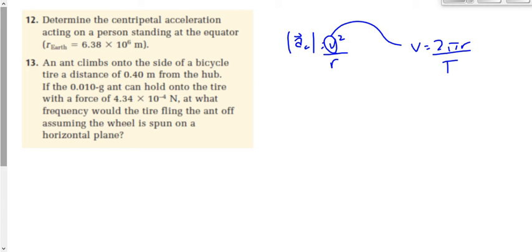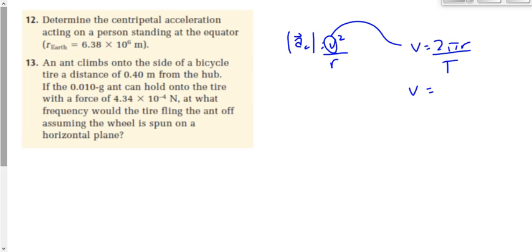But what's the period? How long does it take a person to go around in a complete circle while on the equator? Yeah, 24 hours, right? The Earth makes one rotation on its axis every 24 hours. So if I'm standing right here on the equator, when am I going to be back at the exact same spot again? When the Earth has made one rotation on its axis, which is 24 hours.